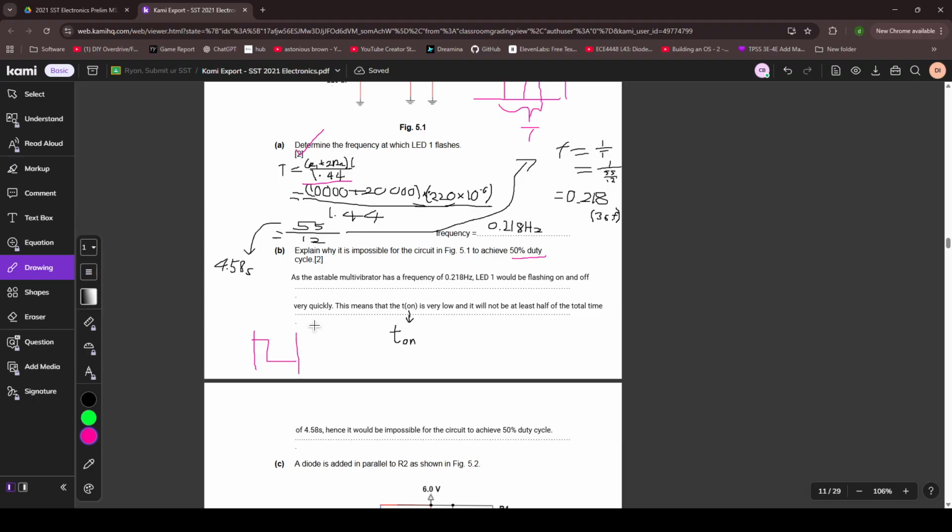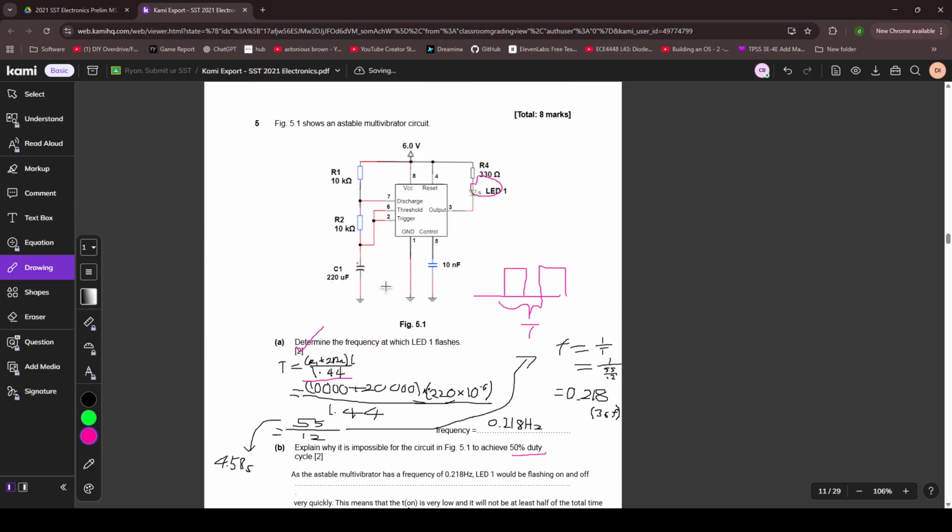The reason is because when the capacitor is charging, you have to go through 2 resistors. When the capacitor is discharging, it only has to go through 1. Inside the chip, the discharge pin completes a circuit to allow this capacitor to discharge.